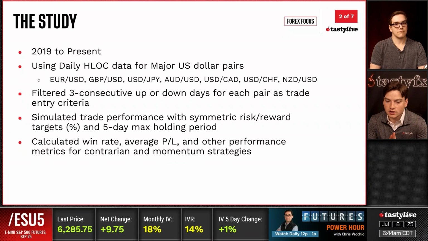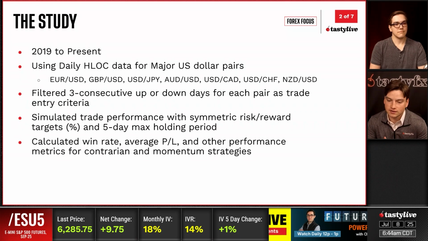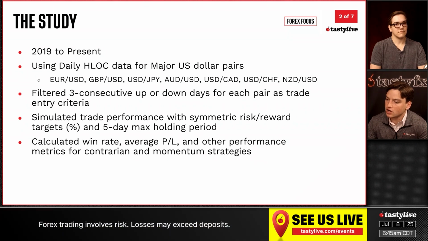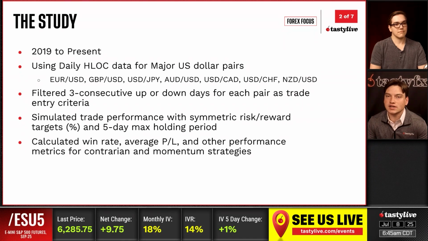So what we did was we used the past 6 years of price data, using high-low, open-close daily data for the major US dollar pairs, 7 for you here: Euro, Pound, Yen, Australian dollar, Canadian dollar, Swiss franc, and New Zealand dollar. And we used that 3 consecutive up or down day example as criteria for trade entry.